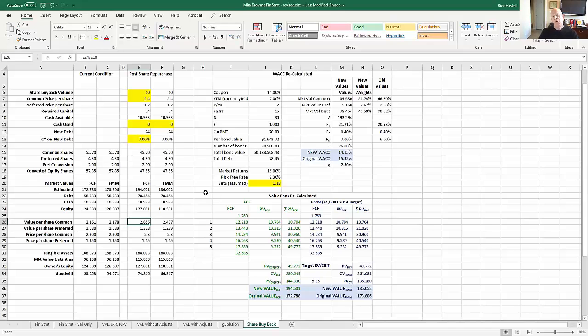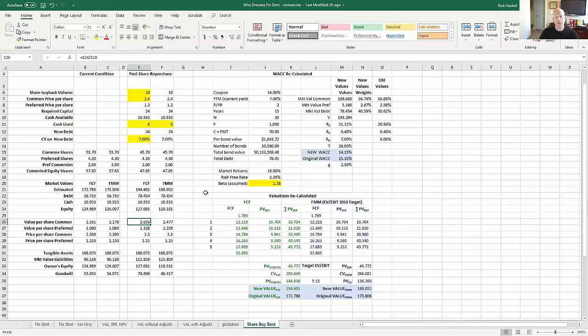So as an equity stakeholder, as a common equity stakeholder, I was nicely benefited by the company choosing to do this. We have to remember why companies choose to make this kind of move. They do so because they're responsible to protect or enhance the value that the common equity shareholders have. That's the fiduciary responsibility. And it's the legal responsibility of the board of directors and the CEO to those common equity shareholders.